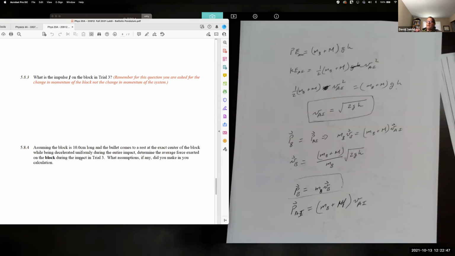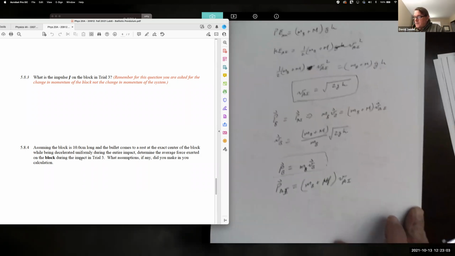So I'm going to have an error because the block is going to move. Okay. So instead of 5.00, I have 10.0 centimeters, but I don't know what the distance is.